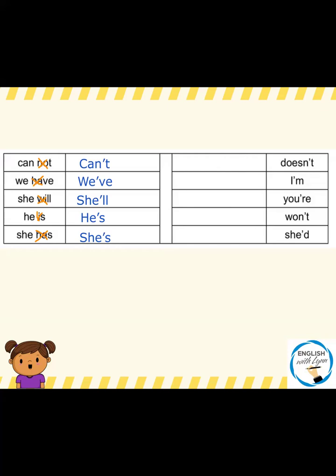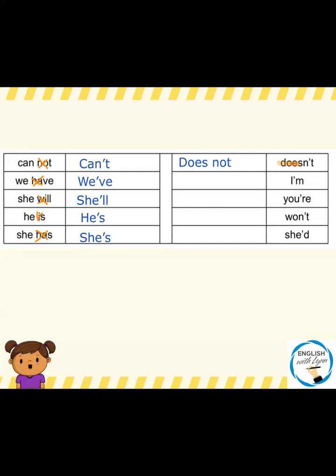Now, on the next set of words, I have given you the contraction, and we need to work out what the words are that have been squashed together. What are those words? So doesn't, I can see at the beginning here that we have the does. Okay, so I can see that we've got does and the NT, I think the O's missing, so I've got does not.